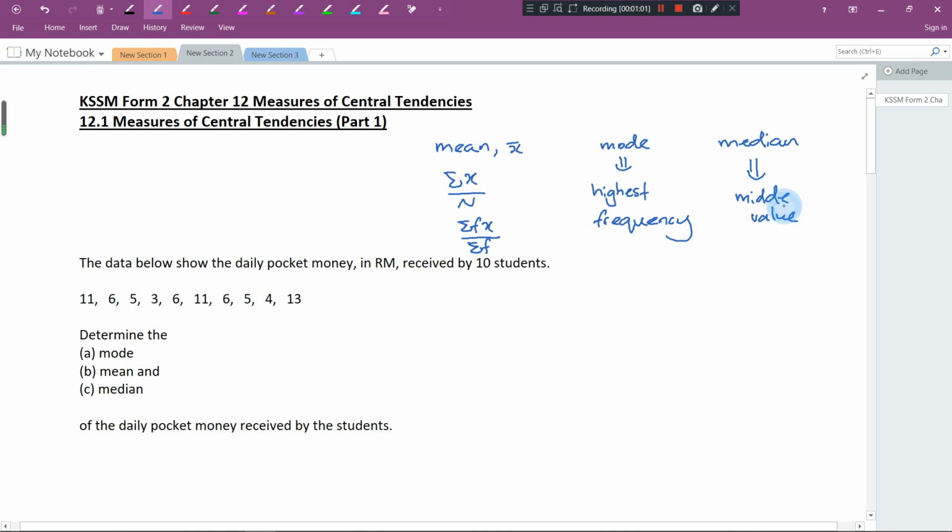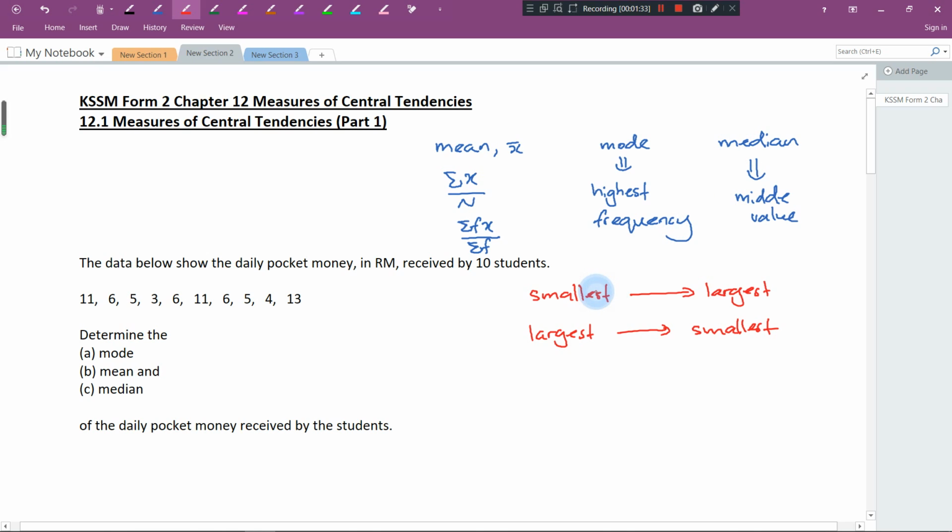Median means the data located in the middle of the set of data. But you have to be extra careful when you determine the median. You have to arrange all the data nicely in ascending order, from the smallest to the largest, or in descending order, largest to smallest, before you start to determine the median.